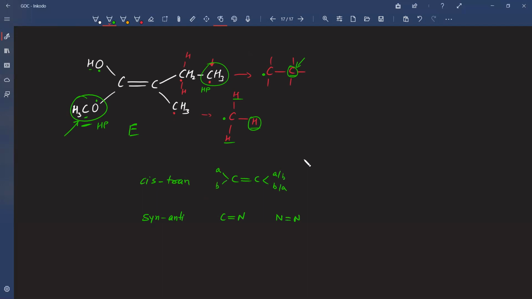And the last one is E and Z, when all four substituents are different, then we will be using the E-Z system. So this is the summary of geometrical isomerism.